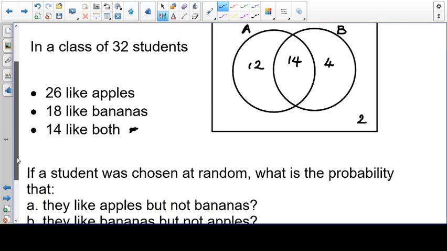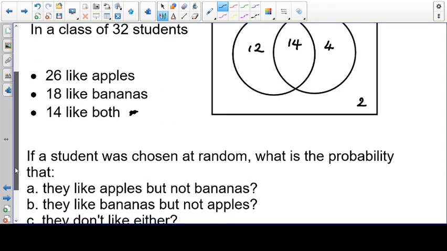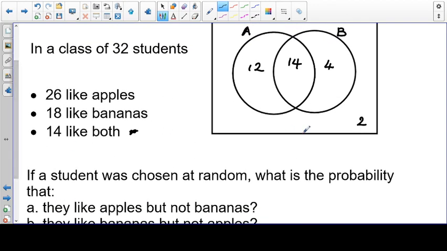Okay, if a student is chosen at random, what is the probability that they like apples but not bananas? So there are 12 that like apples, so the probability will be 12 over 32.